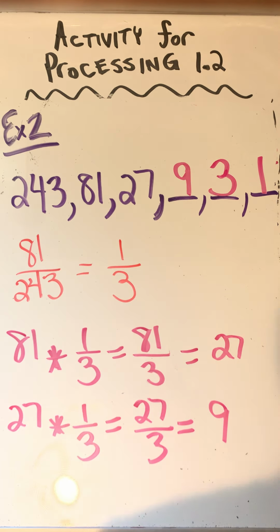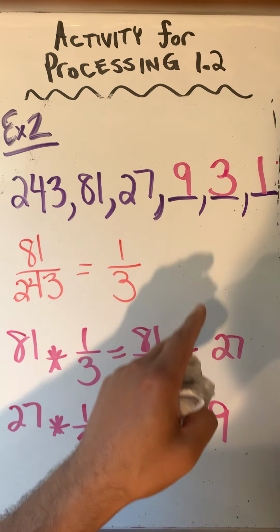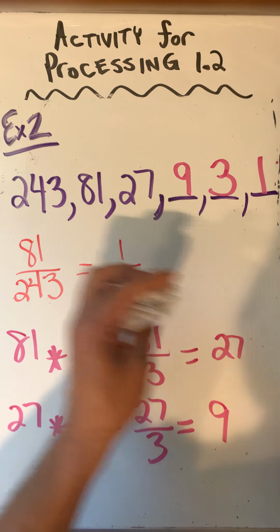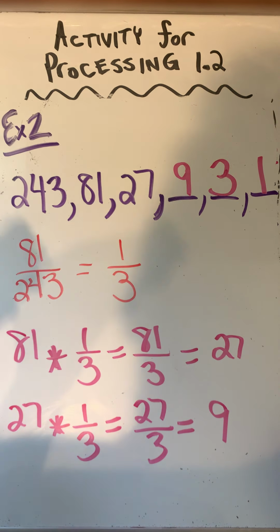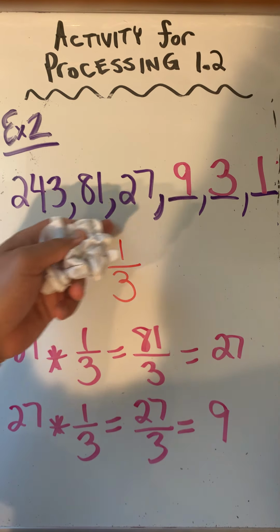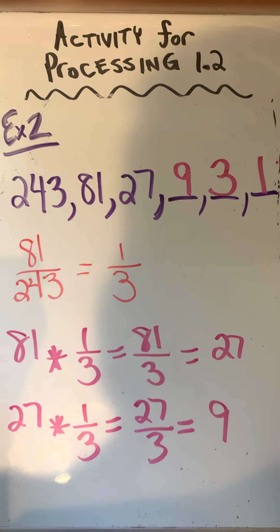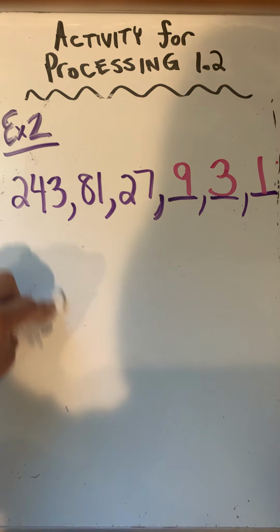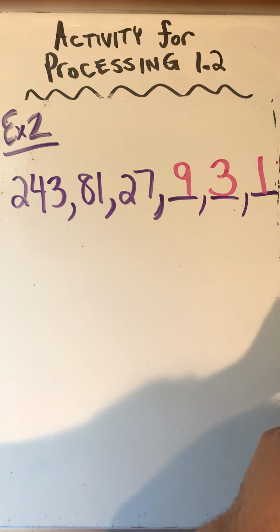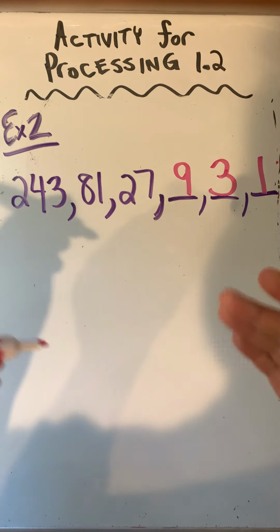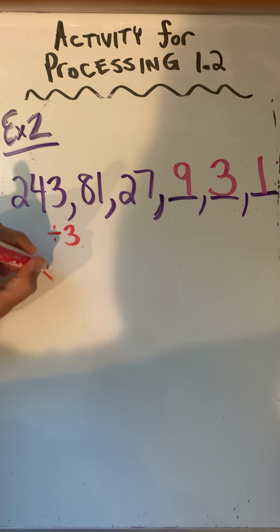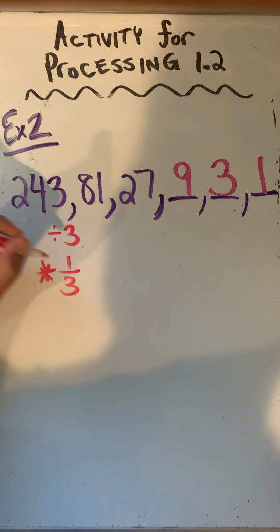Now, if you multiplied by 0.33 each time, and it was a bunch of 0.33333, experiment with that, and then hopefully you see why I tend to shy away from the decimals. Not that I'm afraid of them, but I just find the fraction to be the easier route in this exercise. Now, let me show you the alternative method that I mentioned in the last problem, using division. We divide by 3, which is the same as multiplying by the reciprocal.